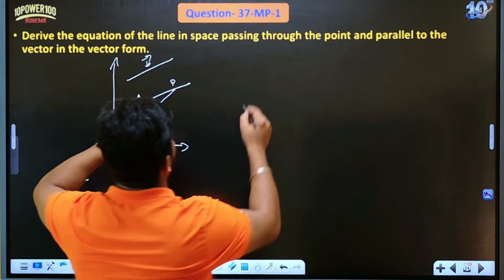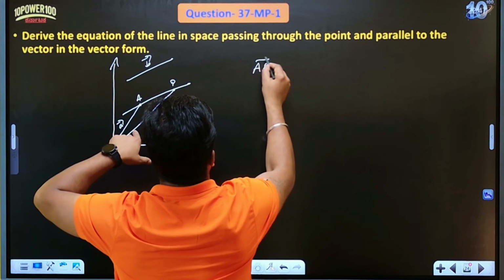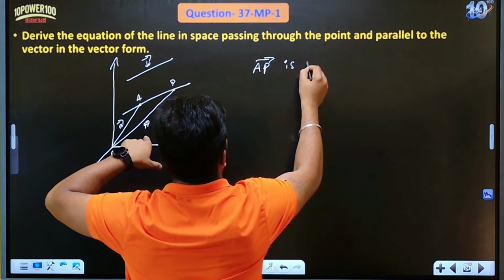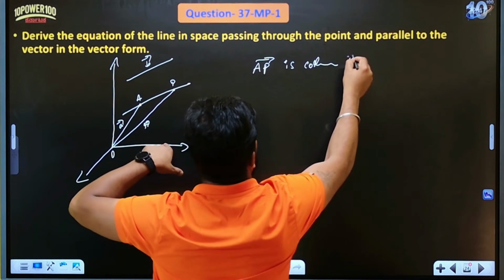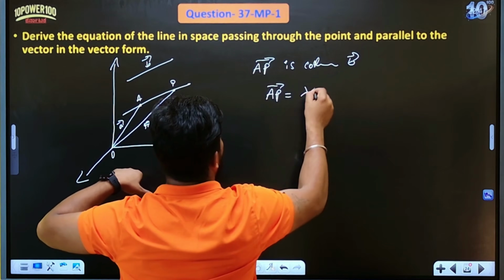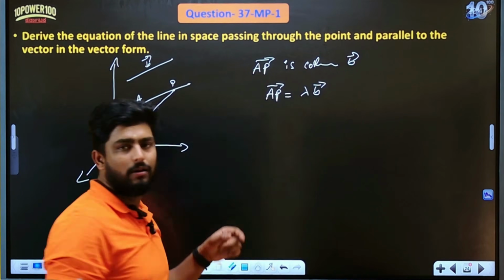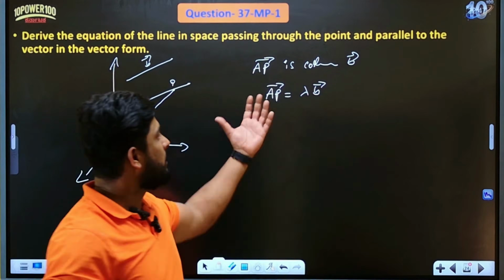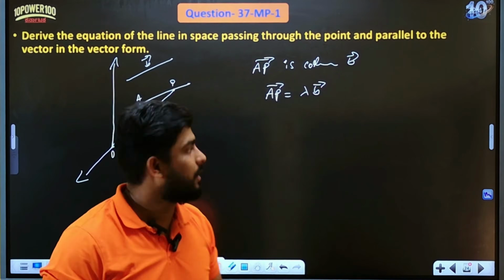Here vector AP is collinear to vector B, so AP is equal to lambda times B. Why? Because they are collinear; this is the condition for collinear vectors.